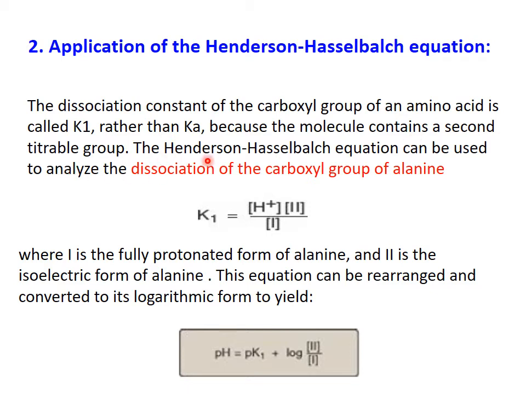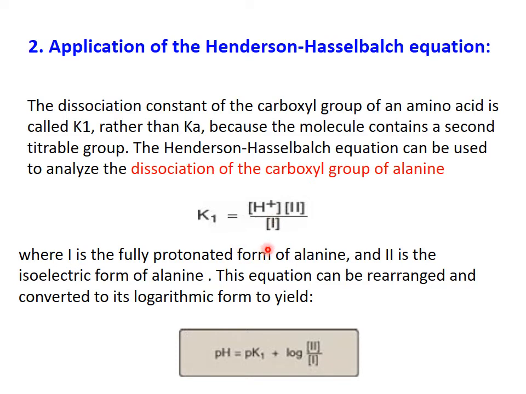The Henderson-Hasselbalch equation can be used to analyze the dissociation of the carboxylic group of alanine by applying the values in this equation. K1, the dissociation constant of the carboxylic group, is equal to the hydrogen ion concentration. This is form 2 and this is form 1.